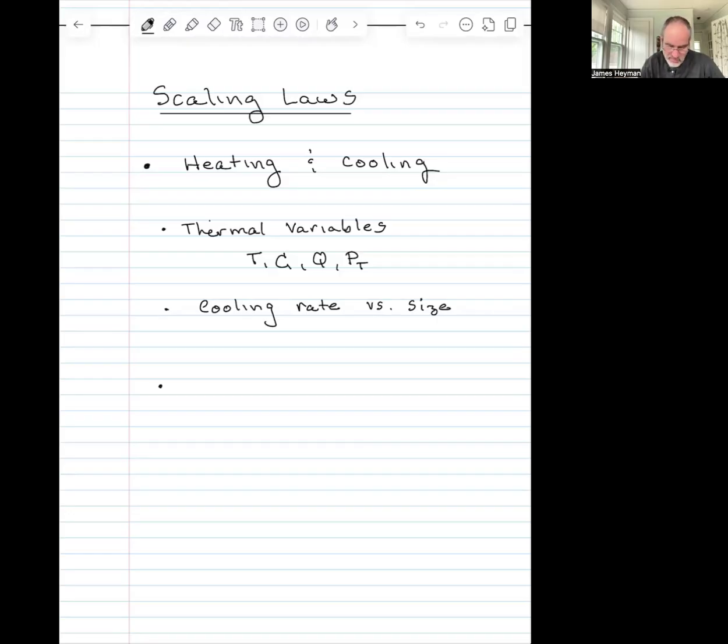After that, we're going to jump to an example called thermal therapy. And this involves heating tissue, so biological tissue, with magnetic nanoparticles.